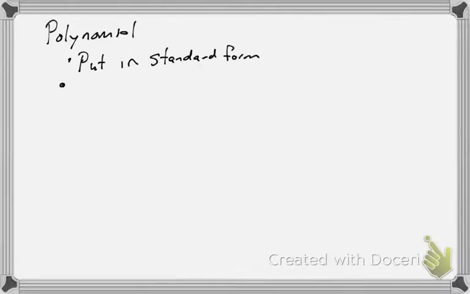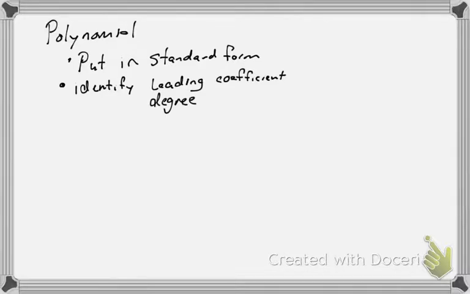The second thing is I want to identify the leading coefficient. I want to identify the degree. I want to identify the number of terms. And finally, I want to identify the constant at the end.